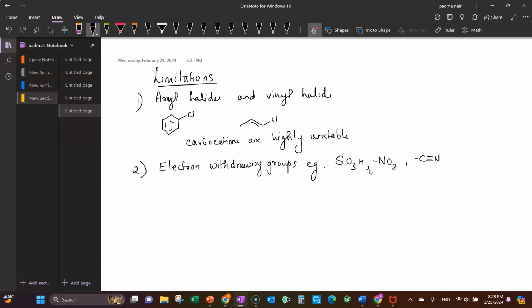These electron withdrawing groups make the benzene ring less prone to reacting with any of these carbocations. So the presence of electron withdrawing groups slows down a Friedel-Crafts alkylation reaction. Sometimes it does not even work out. So we have to avoid using benzene rings with these groups present on it when we are doing Friedel-Crafts alkylation.